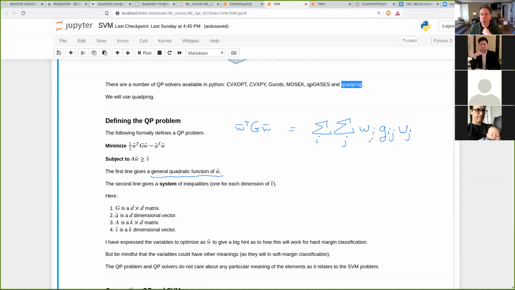It's quadratic in W because it's adding up a bunch of terms that have a product of at most two elements from W. So that's what it means to be quadratic in W.